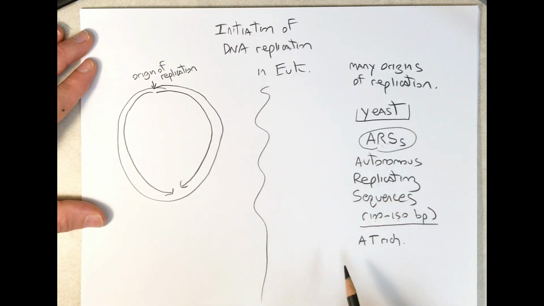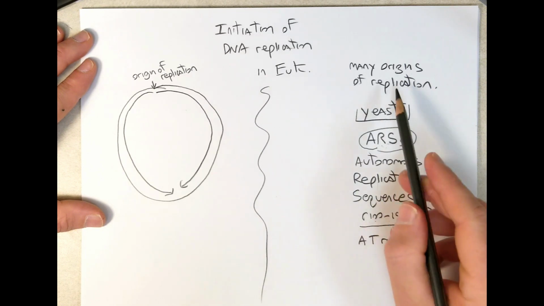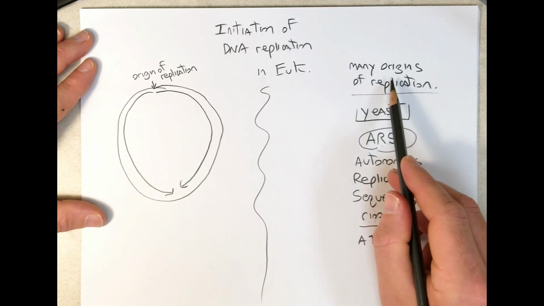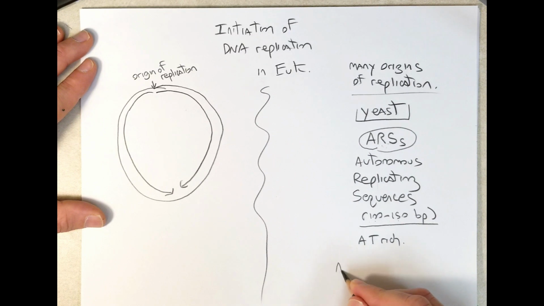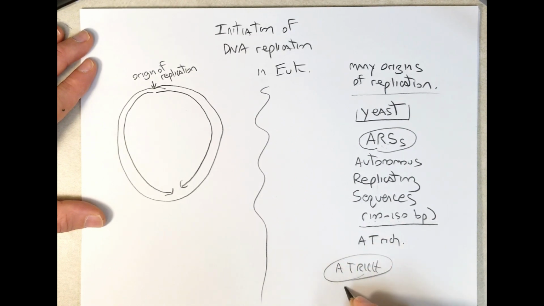This is consistent with what we know, or what we don't know, about origins of replication in higher eukaryotes like humans. We know that they tend to be AT rich, and we think there is a component of 3D structure, so how the chromatin bends and how it's arranged in the genome makes an origin function as an origin.